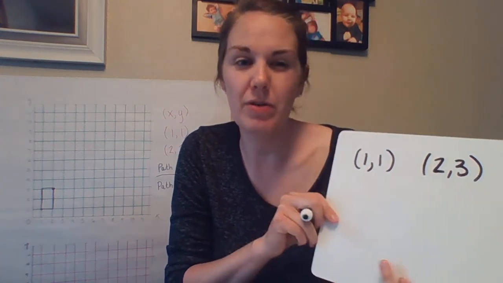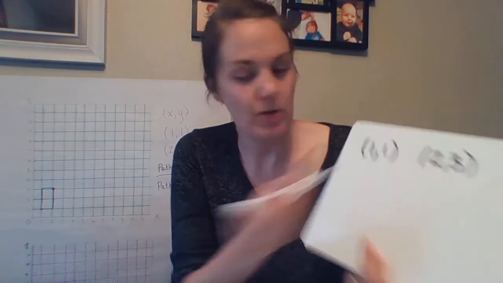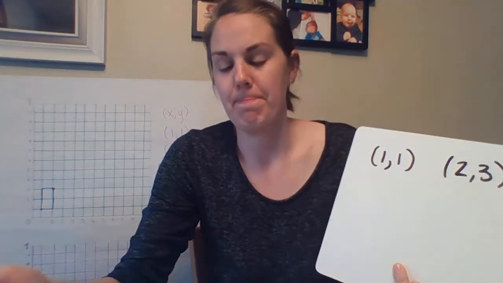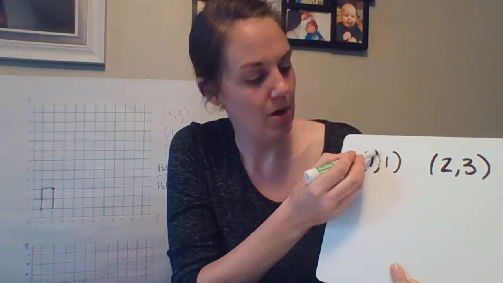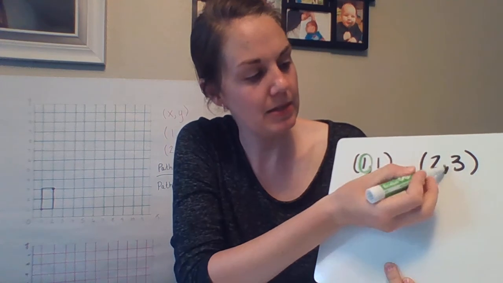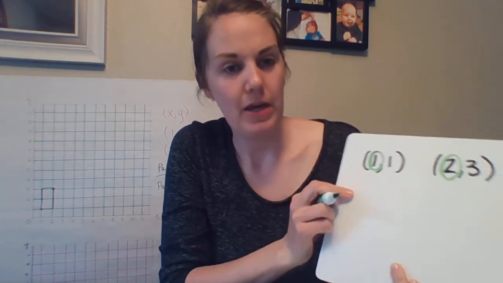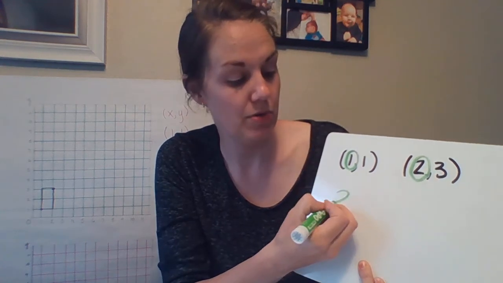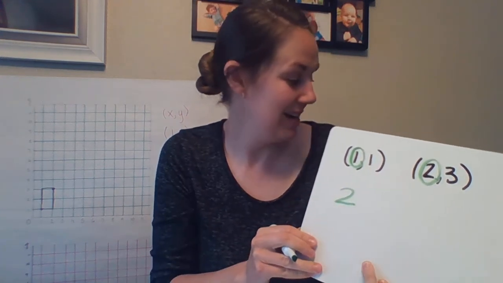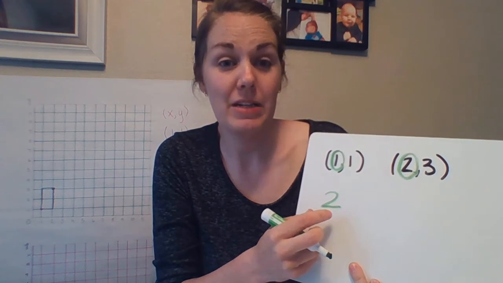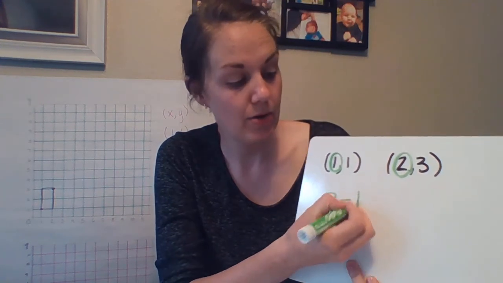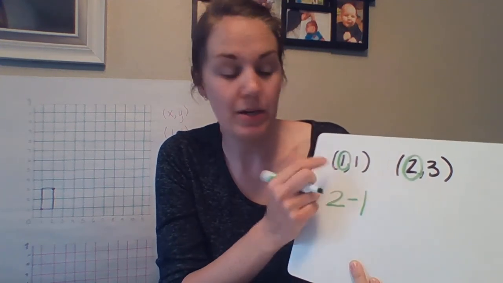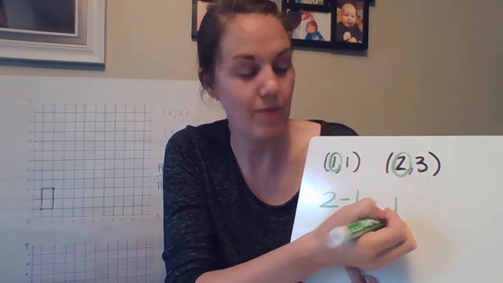It says since 2 is to the right of 1 on the axis, the move is 1. So you're thinking of it as we're going to take our x-axis numbers and we're going to think of our ending place as 2. And then if we take away the 1, we would find that we have 1.